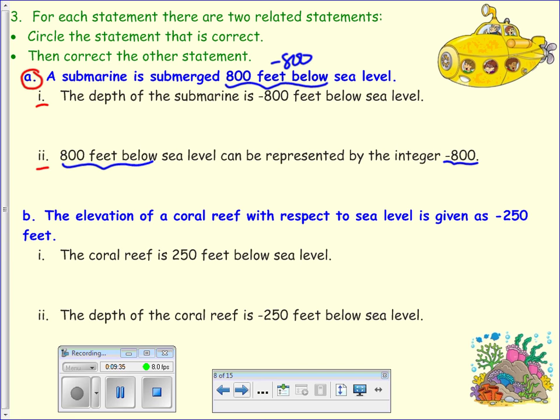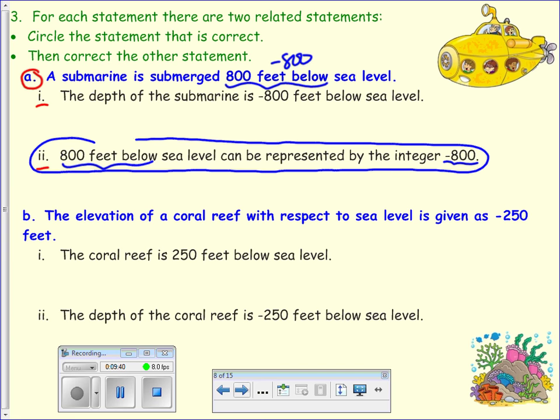Good, perfect. So let's circle the second one. And now we have to go back and fix the first one. What's wrong with the first one? Because it's kind of like saying 2 negatives. Right, we can't have this and that. We can't have both. We have to pick one.